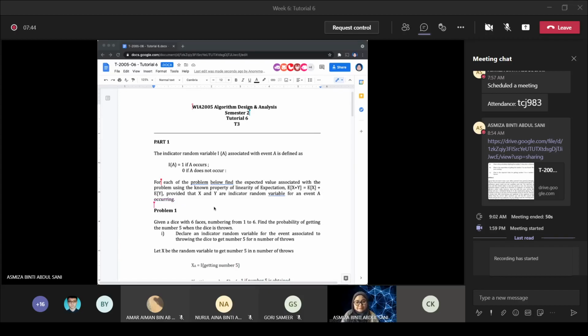Indicator random variable. It's to represent the chances that you want to turn into an expectation. So you're saying we're trying to find the chances, do you mean the probability? Yes. Okay, so IRV is a method or an approach for you to describe how you can convert the probability of an event occurring into the expected value for that event to occur.